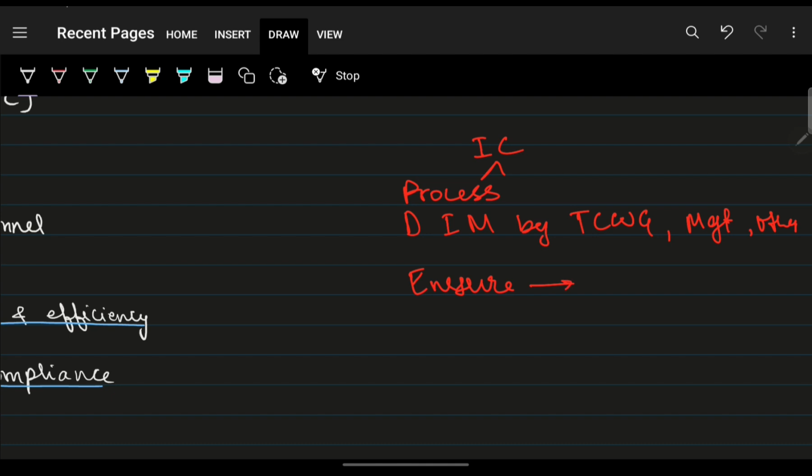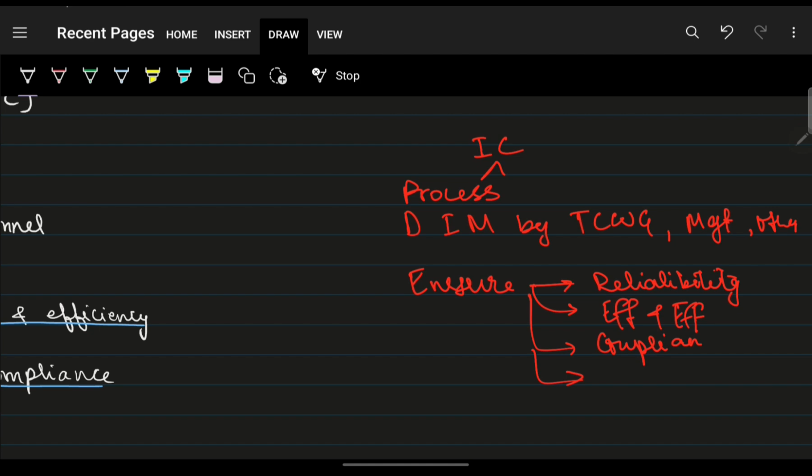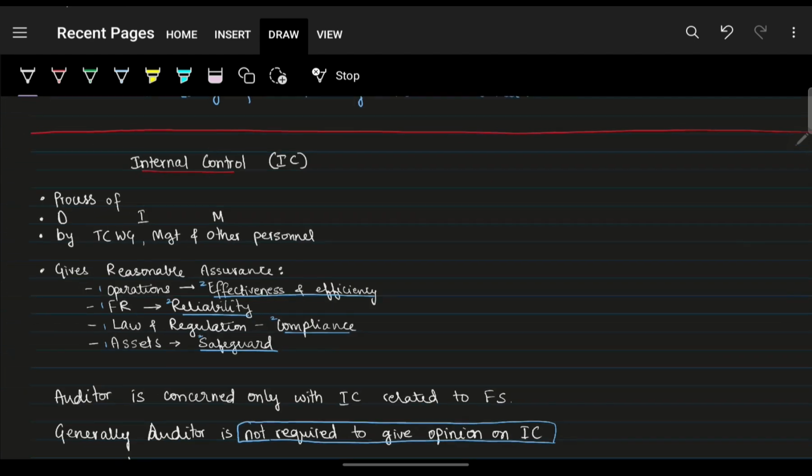Ensure four things. One is reliability. Next, effectiveness and efficiency. Third, compliance. Pretty sure I'm forgetting something.